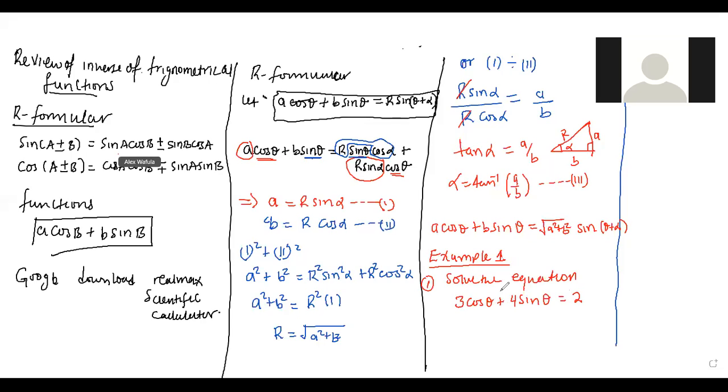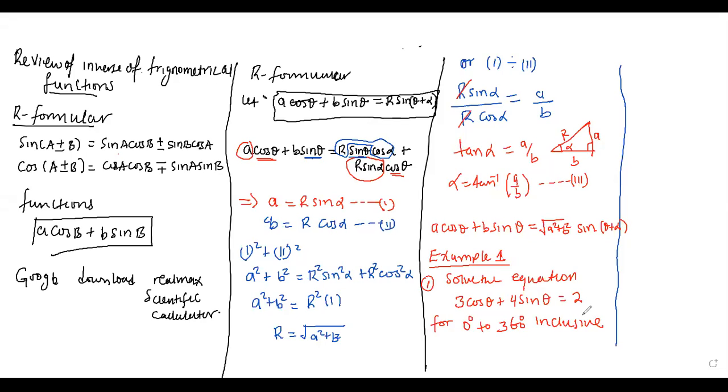So we have a question there. It says solve the equation for theta, where theta is equal to 0 up to 360 degrees inclusive. That is our first example. So have it down because I want to go to the next page.